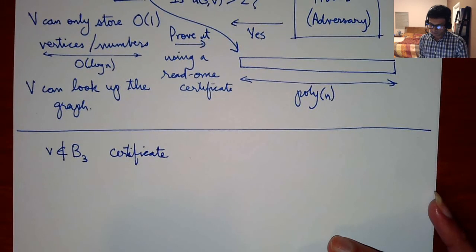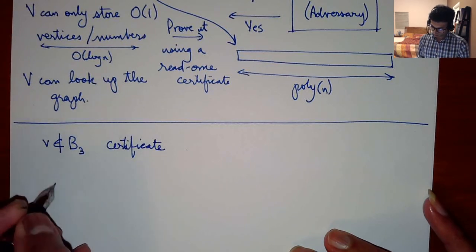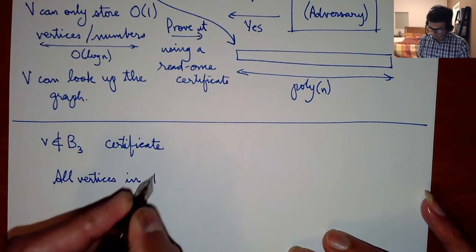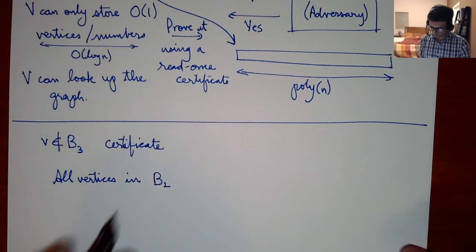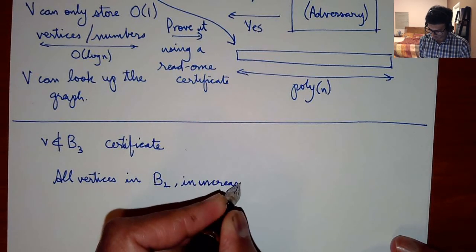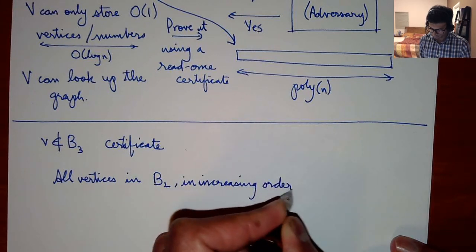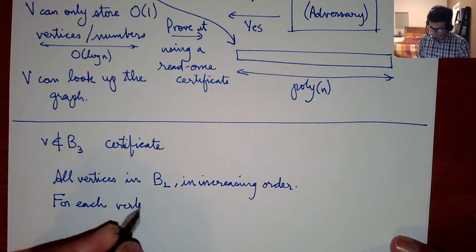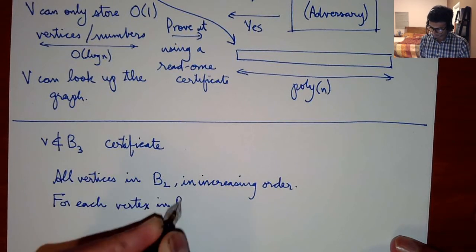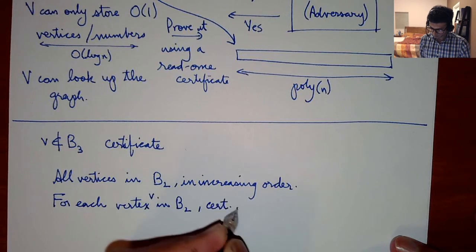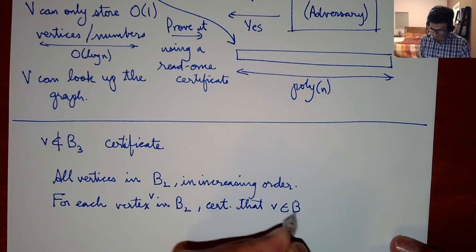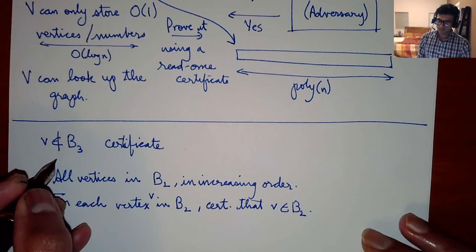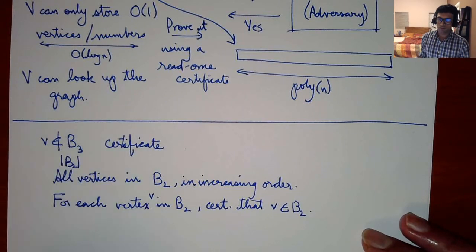What it needs is all vertices in B2, and I'm just describing the certificate in increasing order: for each vertex in B2, a certificate that V is in B2, and then the size of B2.